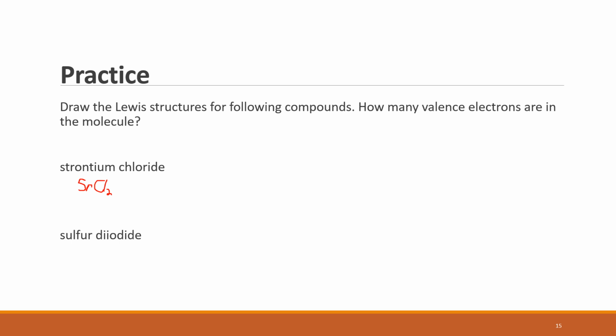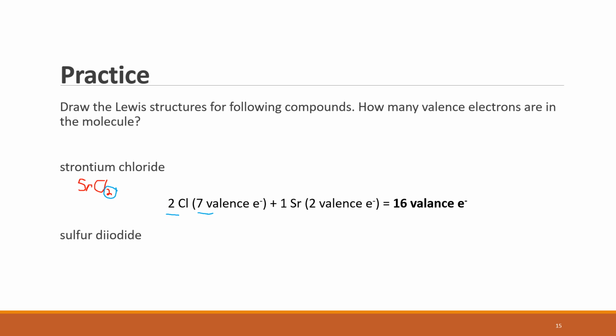So to figure out the valence electrons, I take the number of atoms of each and multiply it by the valence electrons that each of those atoms contributes to the cause and add them all together. We have 2 chlorine atoms according to this chemical formula. Each of those chlorine atoms contributes 7 valence electrons because chlorine is in group 7 of the periodic table.